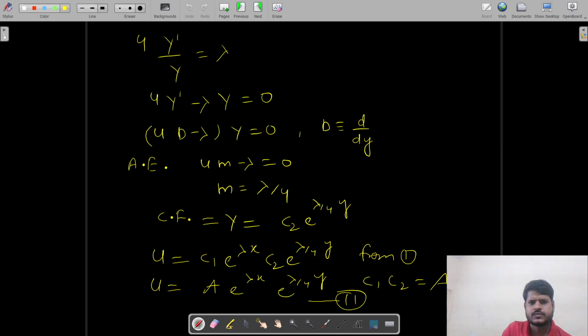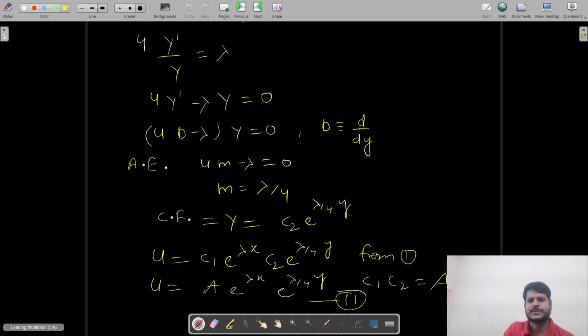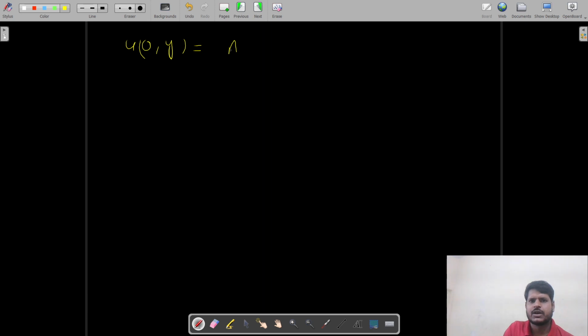So u of 0 comma y, put x equal to 0 in this expression, equation number second. So we have capital A into e raised power lambda upon 4y, because x equal to 0 gives the value 1.